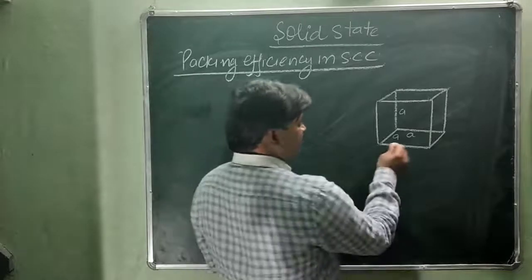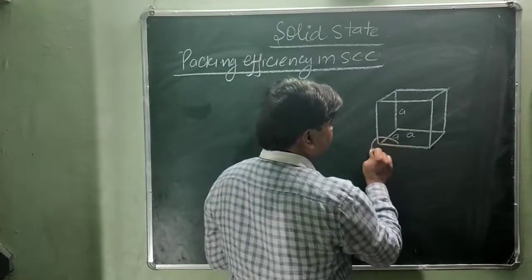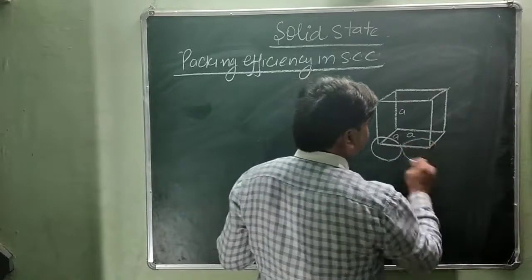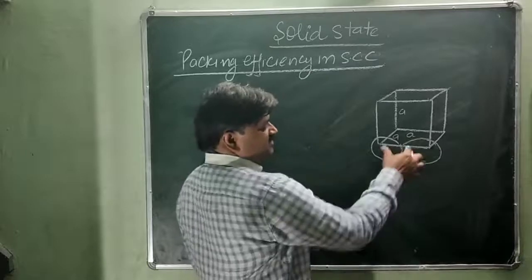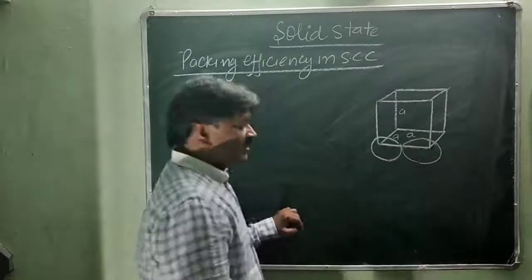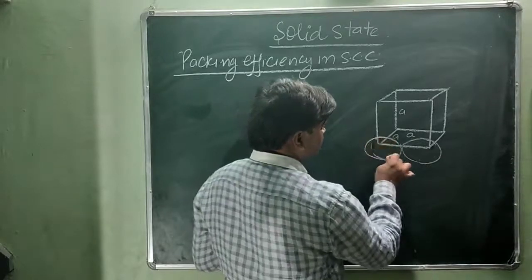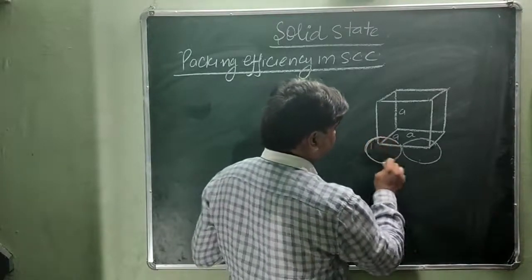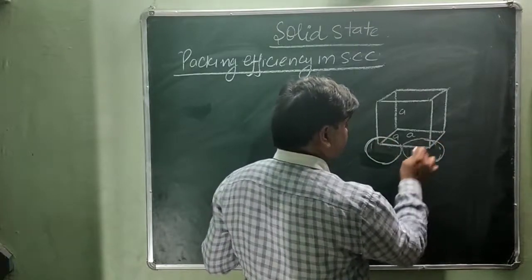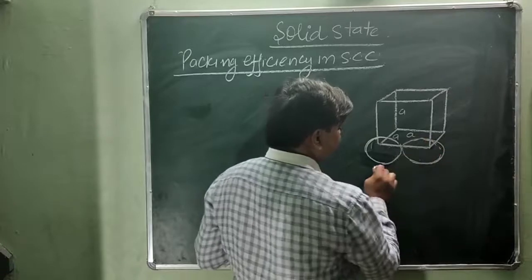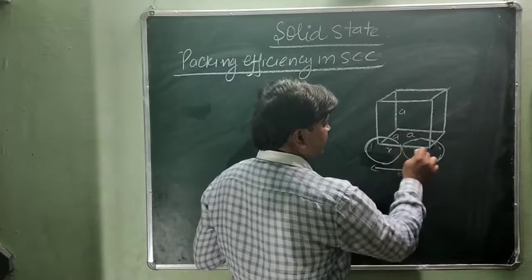Now the atoms at the corners may be represented in this manner. Consider that these atoms touch each other, just like here, two atoms touch each other. The distance between them is a, and the radius of each is r and r.